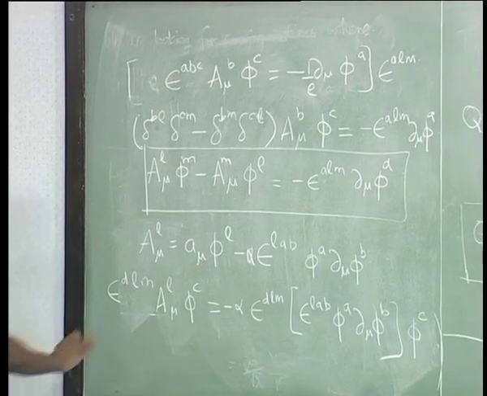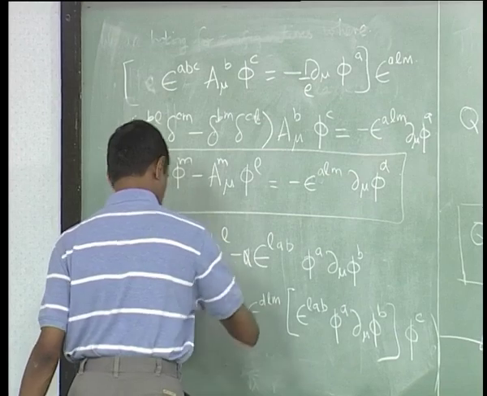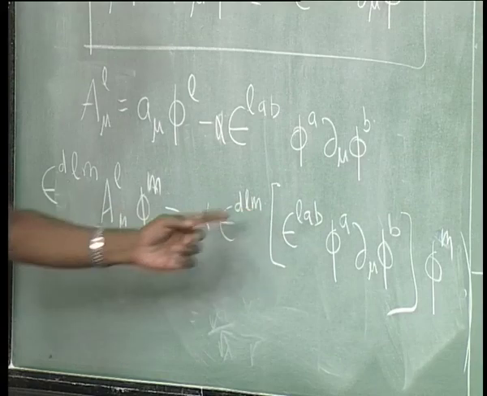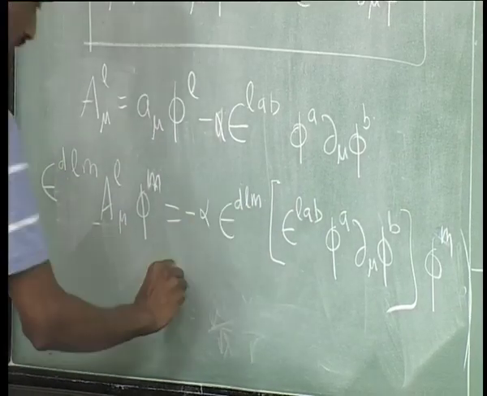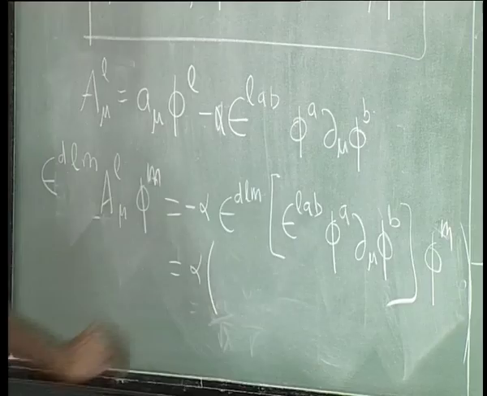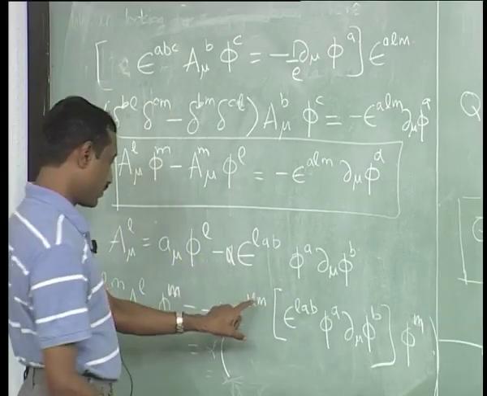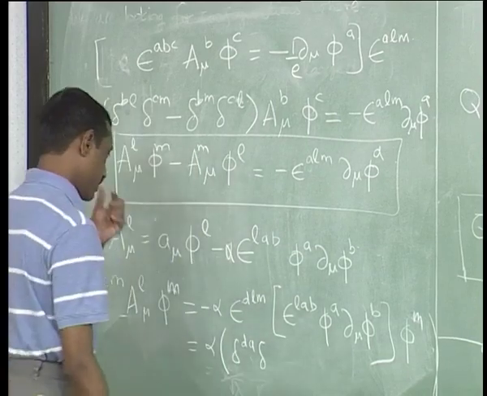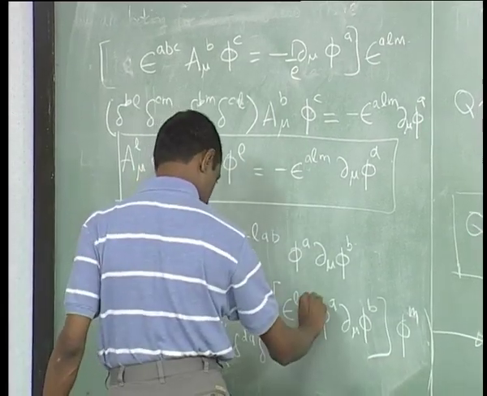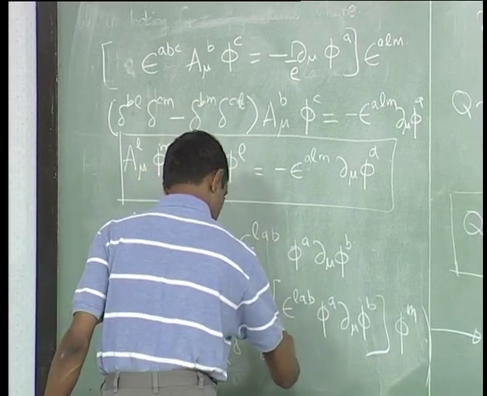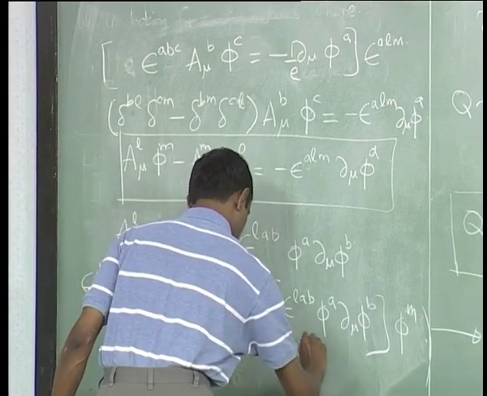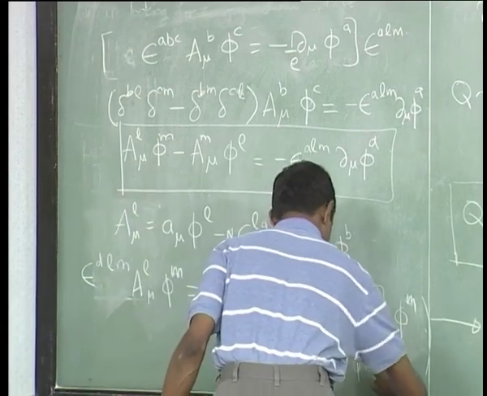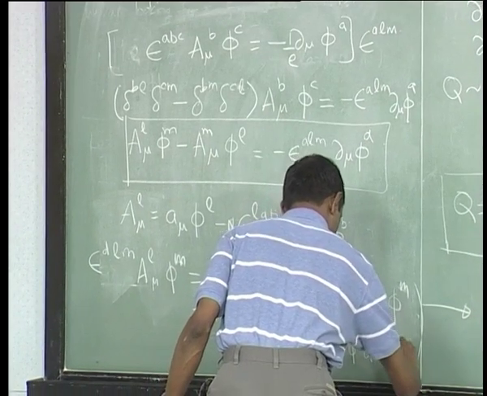Okay, so I just need to again use this ad nauseum, this particular identity. So alpha times, I absorb the minus sign and bring L here. So it will be delta d with a, delta m with b minus delta d with b, delta m with a, times phi a d mu phi b phi m.